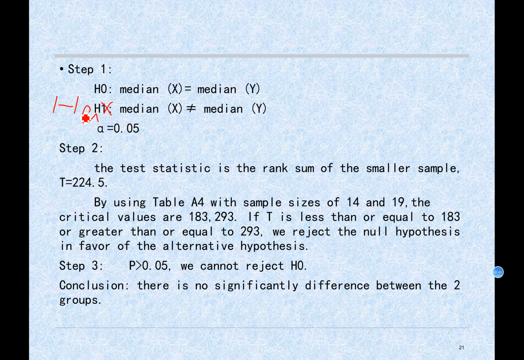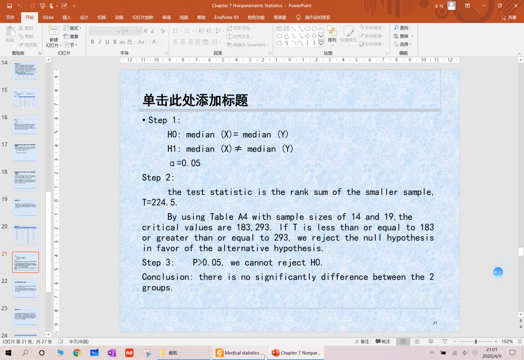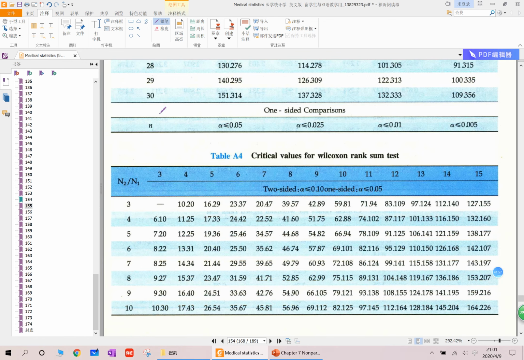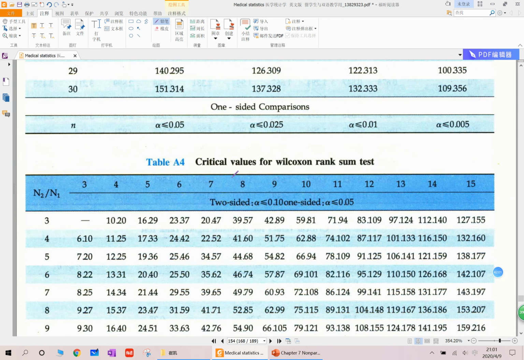Okay, let's go to our textbook to find table A4. Table A4 is similar to table A3. So it's here. Okay, so let's read the title for table A4 first. Critical values for Wilcoxon rank sum test.